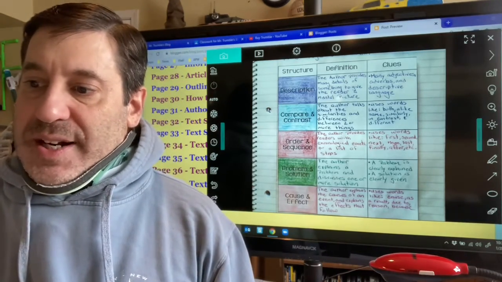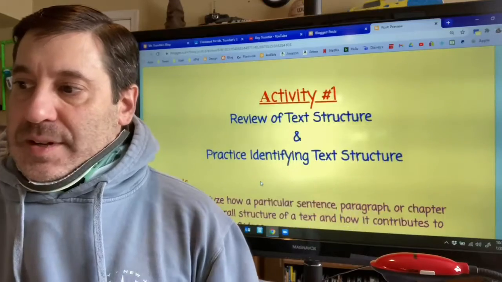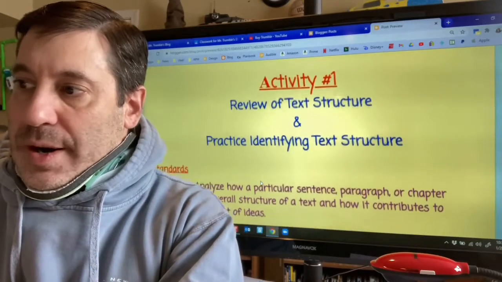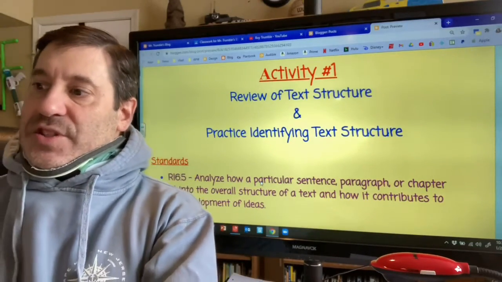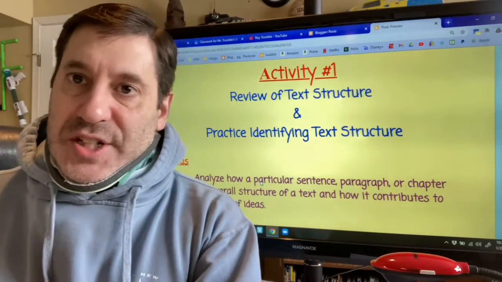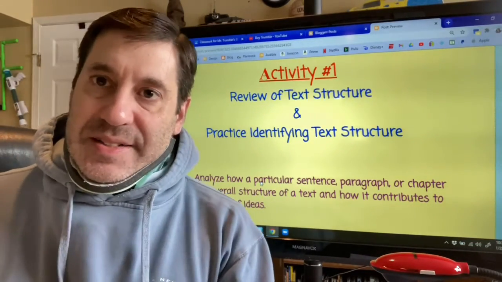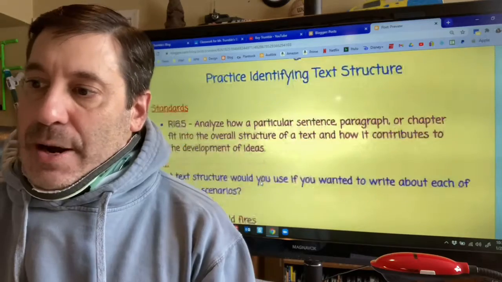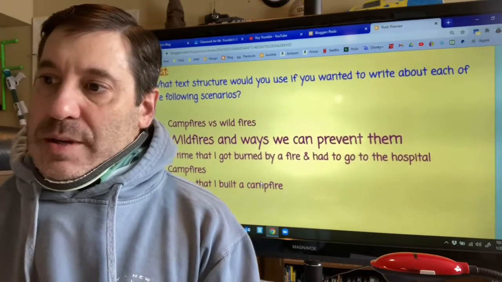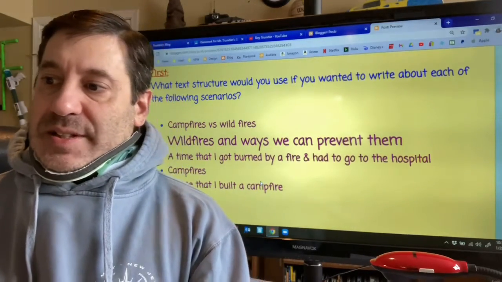Back over here onto the blog, we look at activity number 1. Through the video, this first activity, the review, would be very challenging for me to do, but it's still something you could think about. What we're going to be doing in class is looking at a couple of things.